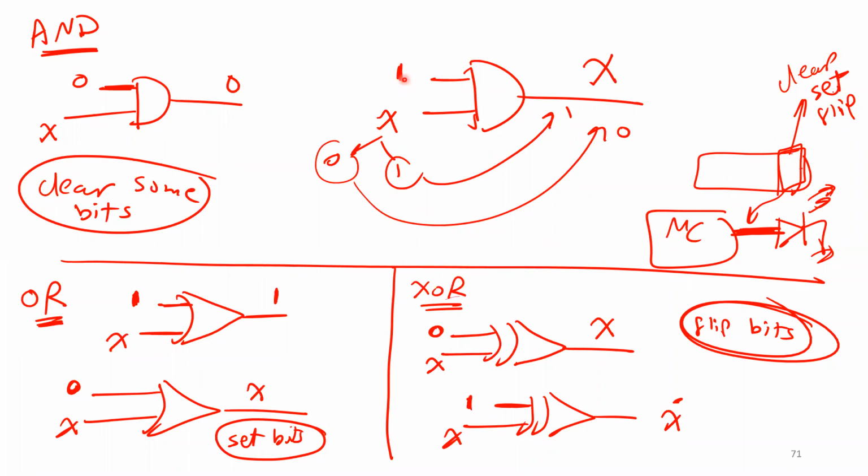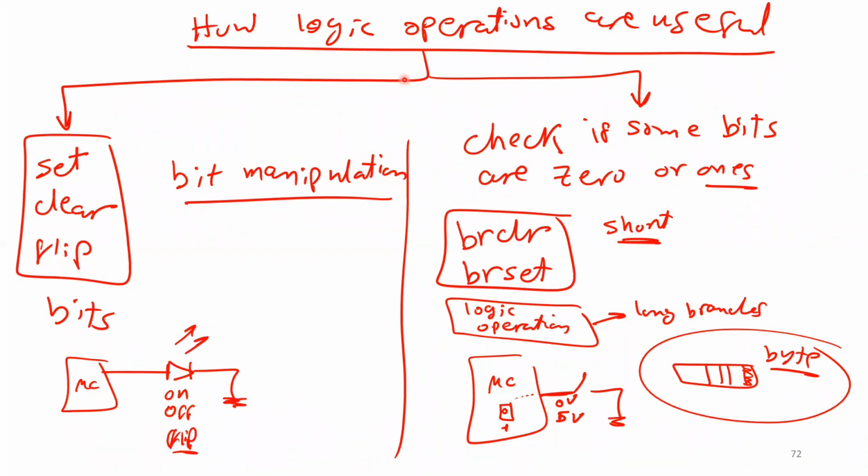I told you last time that we're going to use this operation to do what we call bit manipulation. It means I have one byte, and I want to clear some bits and not change the other bits. You got what I'm saying?